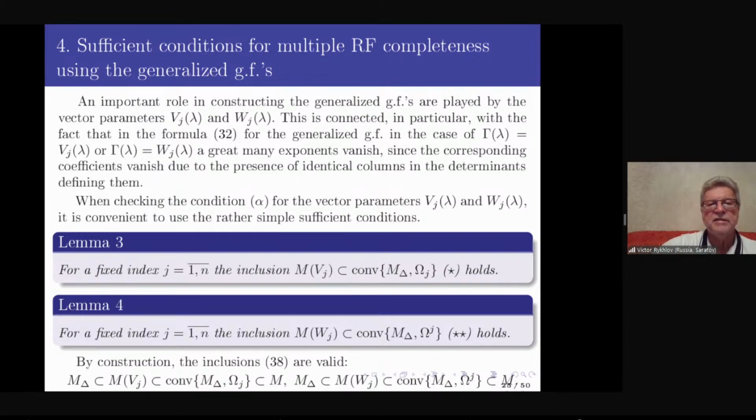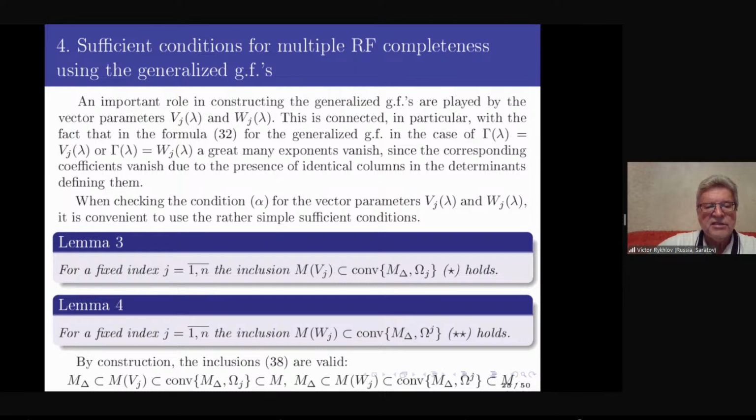This is connected in particular with the fact that in formula 32 for the generalized generating function, in the case of gamma of lambda equals v_j of lambda or gamma of lambda equals w_j of lambda, a great many exponents vanish, since the corresponding coefficients vanish due to the presence of identical columns in the determinant defining them.